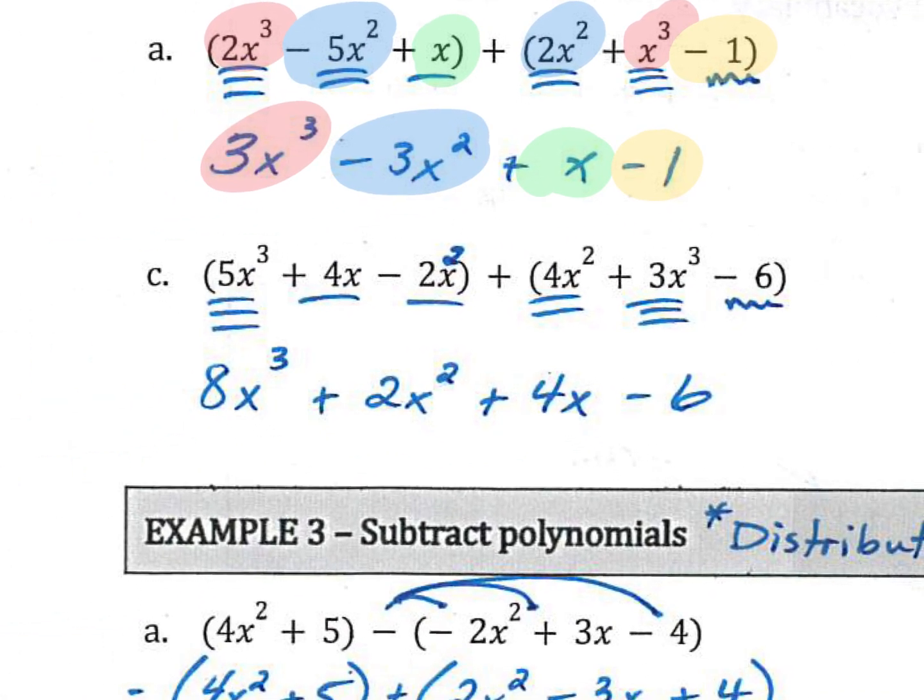Example C. We have 5x cubed and we have 3x cubed. When we combine those, we get 8x cubed. We have a minus 2x squared and 4x squared. When we combine those, we get a positive 2x squared. 4x cannot combine with anything else, and neither can this minus 6. So they just come with.